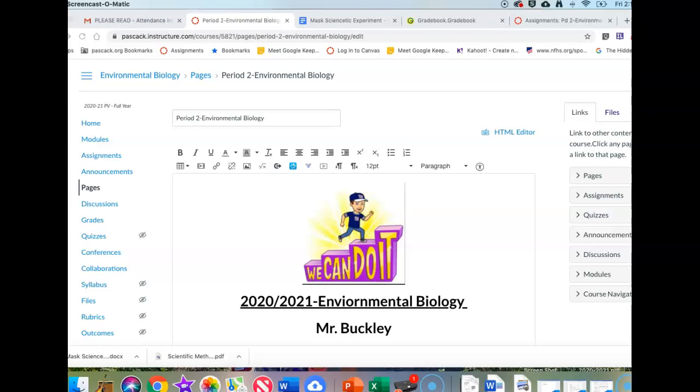We measured the thickness, we measured the filling for both a regular Oreo and a double stuffed Oreo, and we got our class average, and we're going to analyze that data. We're going to create a graph this week, and we're going to submit the Oreo lab as a graded assignment.